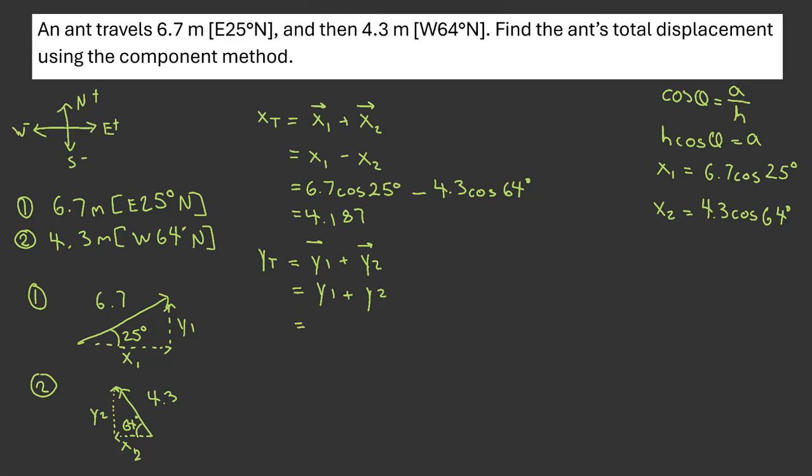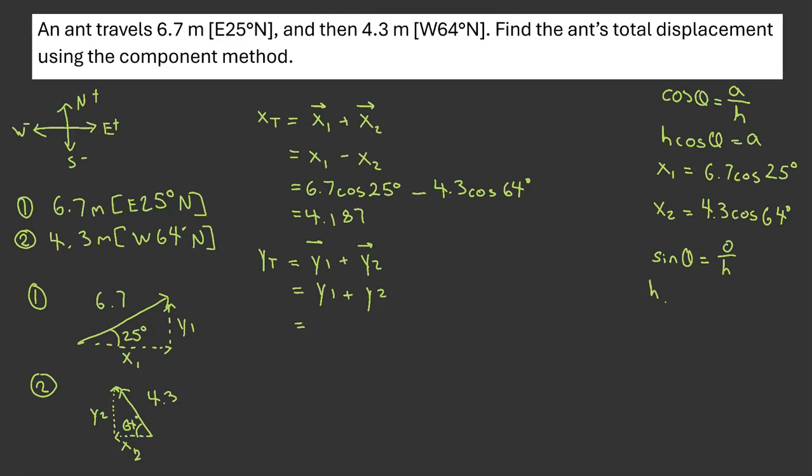Now, our y1 within our first vector, right? Now with respect to our angle, it's the opposite side. So I'm going to use, again, SOHCAHTOA. So SOHCAHTOA tells me that sine theta equals our opposite side divided by our hypotenuse. And same thing like we did here, multiply both sides by h to isolate for the opposite side.